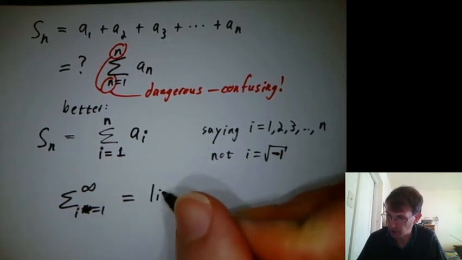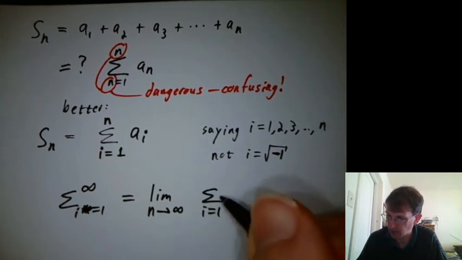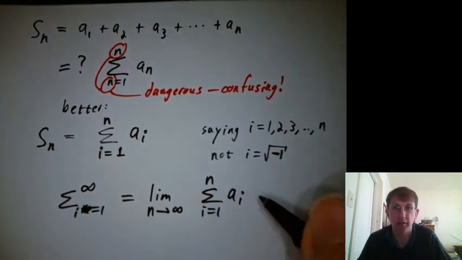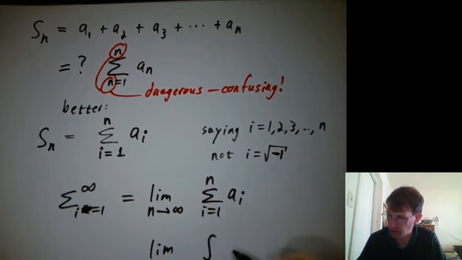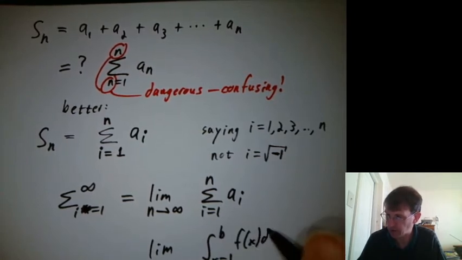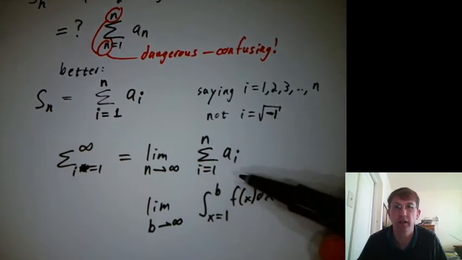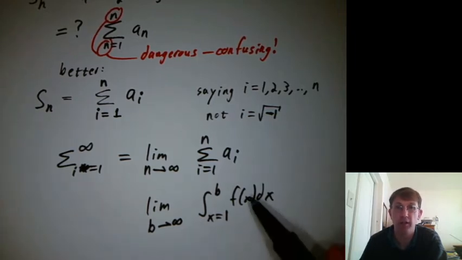So that will be the limit as n goes to infinity of the sum I equals 1 to n of a sub I. So this is similar to our idea of the limit as b goes to infinity of the integral from x equals something, doesn't really matter what, up to b of f of x dx. Hopefully you can see the similarity in the notation there. And actually next we'll talk about similarities and differences between continuous notation and discrete notation.